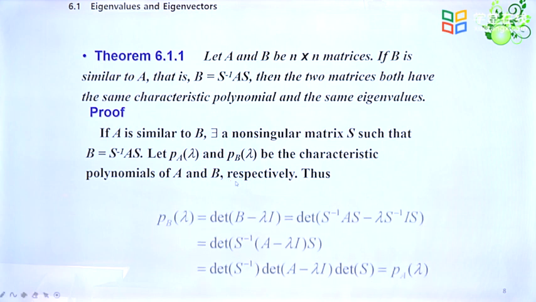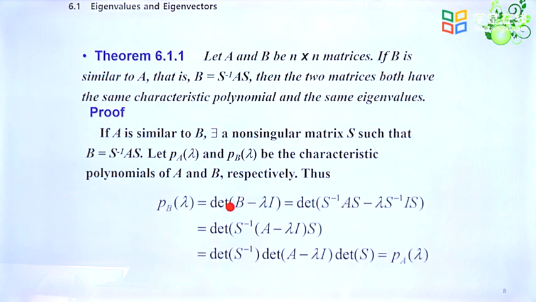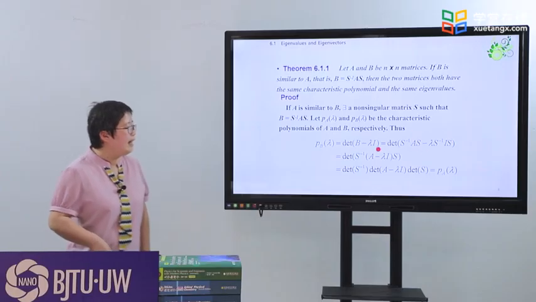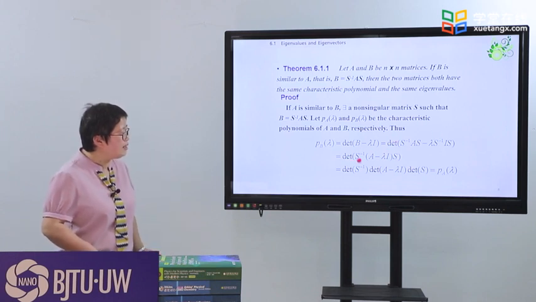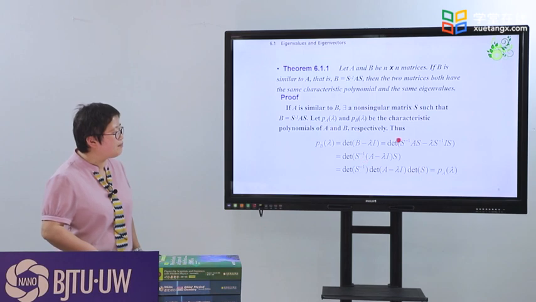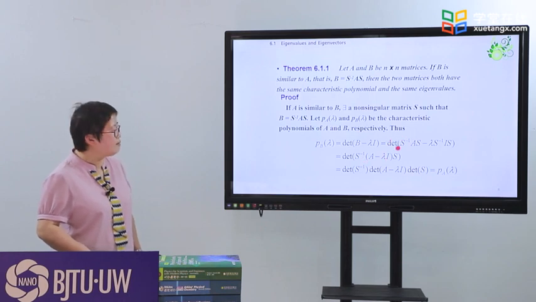Thus, pB(lambda) equals the determinant of B minus lambda I, where B can be written as S inverse AS minus lambda I. For the identity matrix, we can pre-multiply by S inverse and post-multiply by S, and this is just the identity matrix. So we can write it as S inverse times (A minus lambda I) times S.